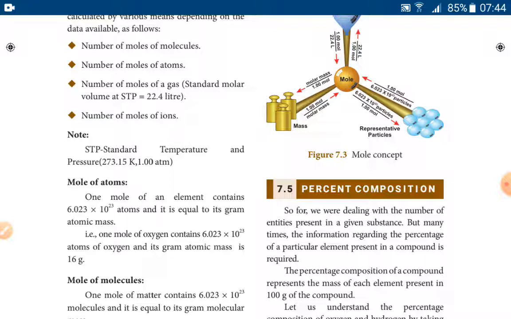So 1 mole of oxygen, the gram atomic mass of the element, always occupies the Avogadro number of particles, that is 1 mole equals 6.023 into 10 power 23, which equals 16 gram, and it also occupies a volume at STP of 22.4 liter.